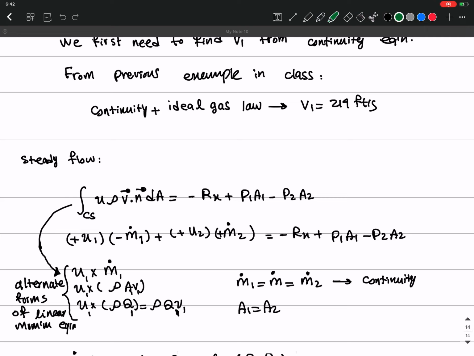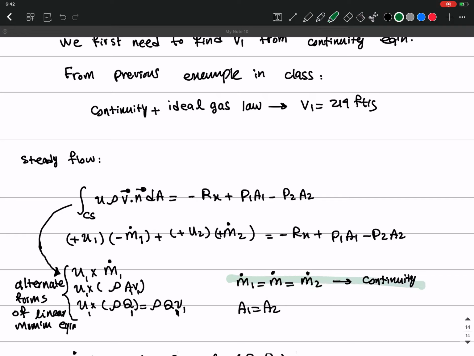linear momentum equation. These are alternate forms of that if you don't remember, and I suggest you remember this one, U times m dot, in this form that we have shown here. And then this equals to the sum of the forces that act on that control volume. And then you can also write the continuity equation if you have more unknowns.